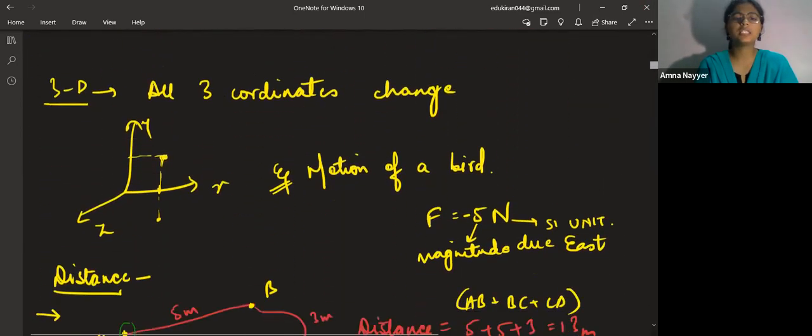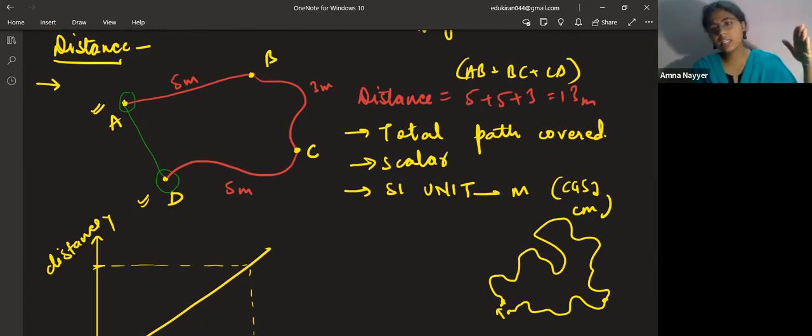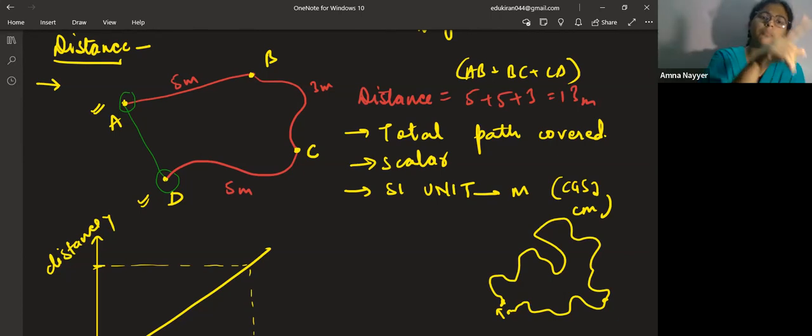Now, motion in 1D means you have to have knowledge about distance and displacement. So see, distance is the entire total path that is covered. If a person goes from A to B to C to D, the entire path, 5 plus 3 plus 5, that will be distance.